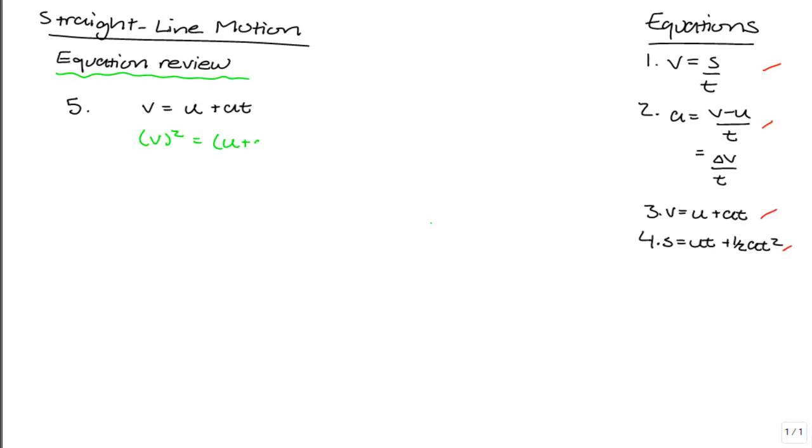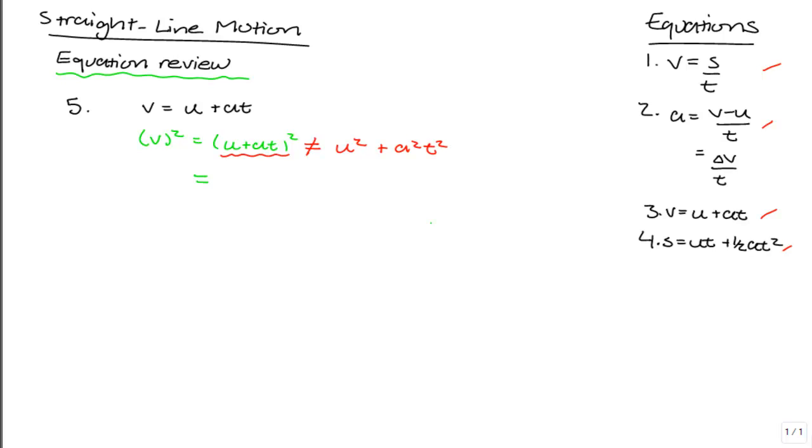Now remember that since the term on the right hand side is in brackets, we're going to square both sides of this equation, and we get v squared is equal to u plus at, all in brackets, all squared, which is not equal to u squared plus a squared t squared. Alright, that is not correct.